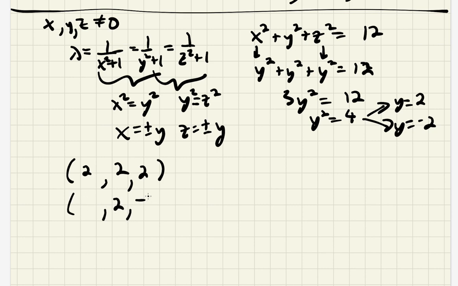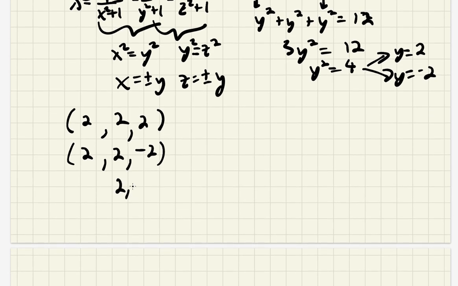If y is 2, z could be negative 2 and x could be 2. If y is 2, z could be 2 and x be negative 2. If y is 2, then z could be negative 2 and at the same time x being negative 2. That's 4 points there, and 4 more points if y was negative 2.